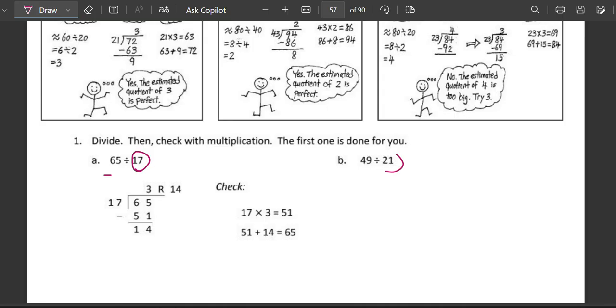Over here we have 21, which is not on our multiplication chart. So 21 times 1 is 21. Times 2 is 42. 3 is 63. And I'm going to stop there for now.